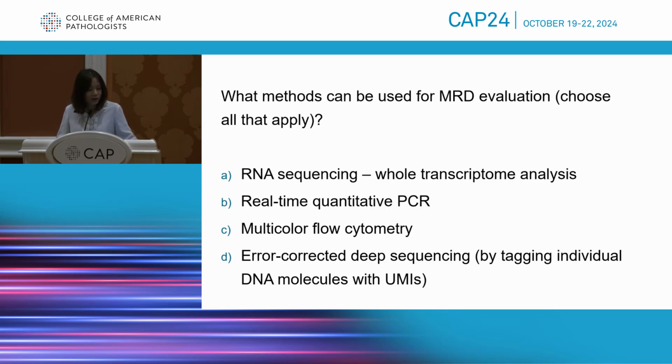Option B will be real-time quantitative PCR. Option C will be multicolor flow cytometry. Option D will be error-corrected deep sequencing. So there's one assay. Oh, actually, you know what? Did I just say that out loud? Never mind. So what methods can be used for MRD evaluation?